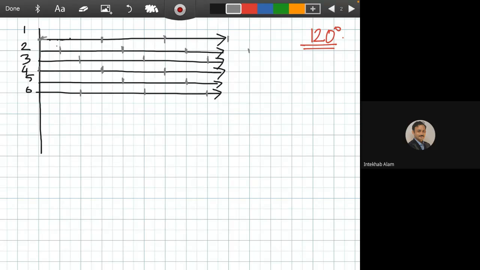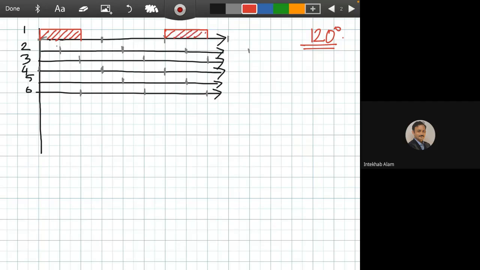But we have 120 degree conduction, so this is from here, and the next allocation time is from here, but the conduction is again 120 degree, so it will be from here.